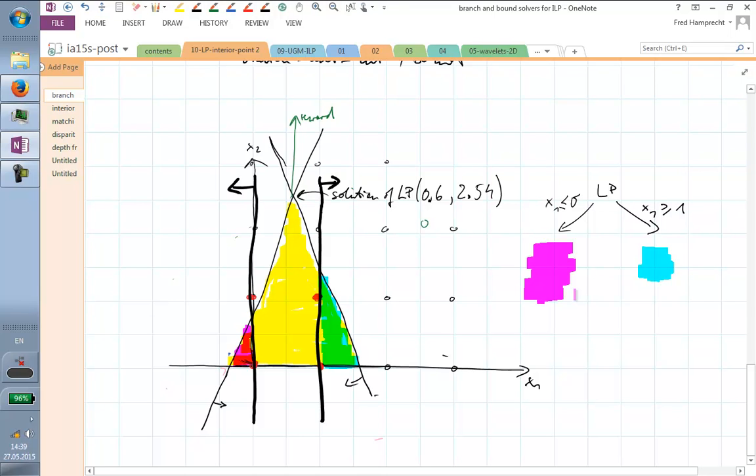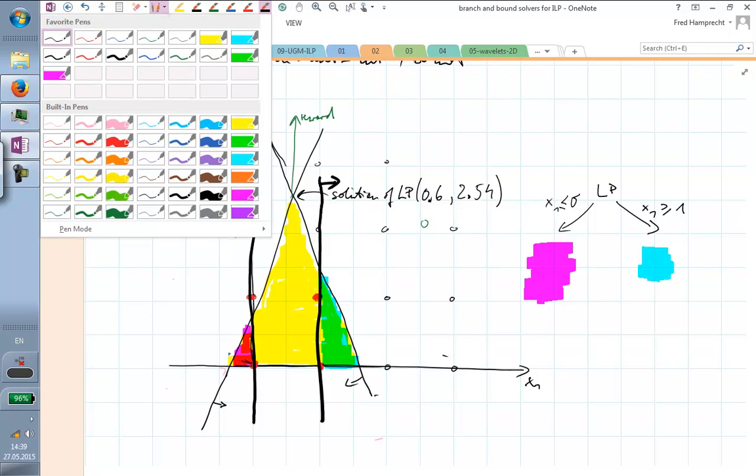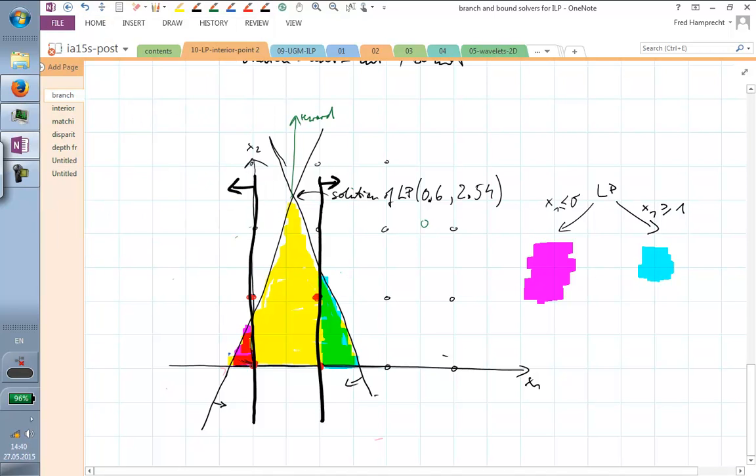And I can solve them again, and then I will find, for example, for the turquoise one, my new solution of the LP, which this time is going to be x equals 1.0.